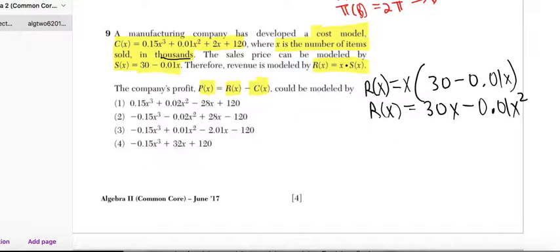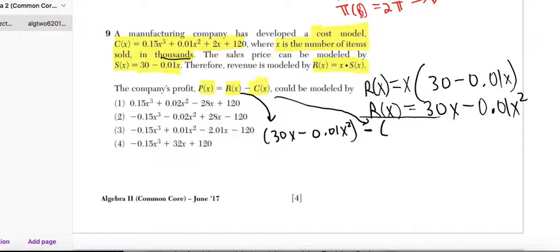Now we want to do R of x minus C of x. So R of x we already know to be 30x minus 0.01x squared. And now we want to subtract C of x, which is this crazy polynomial, 0.15x cubed plus 0.01x squared plus 2x plus 120.